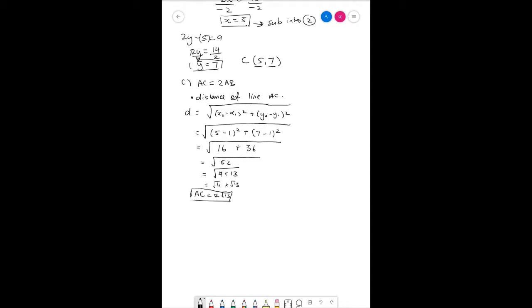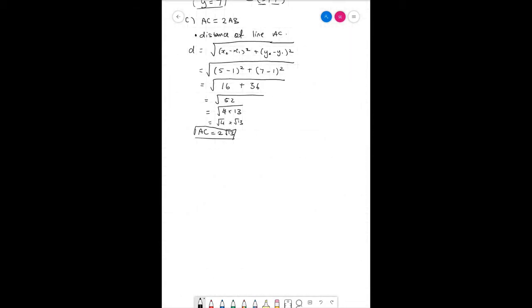Great. Now let's look at AB. So for AB, we've got 1 for the A coordinate minus minus 1 squared, and then again 1 minus 4 squared.